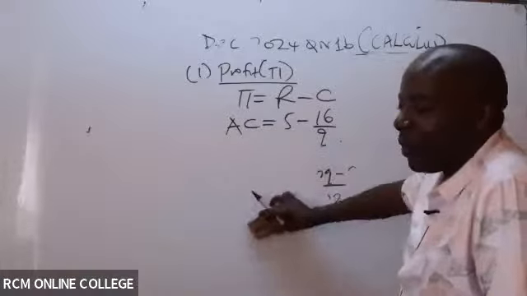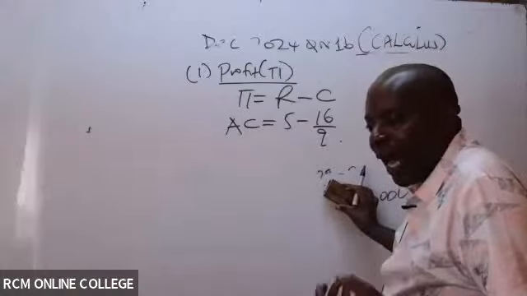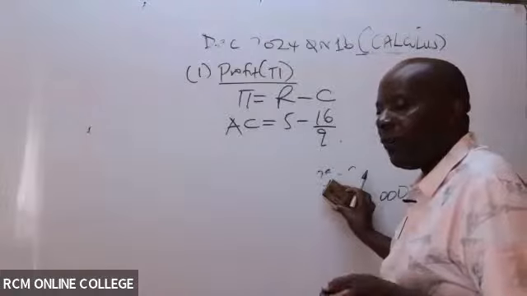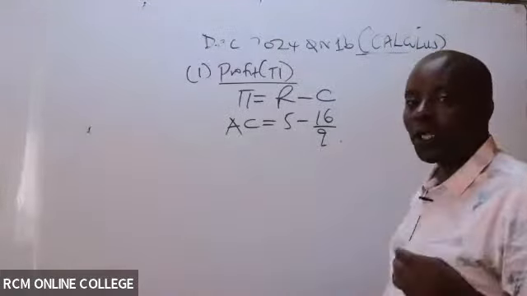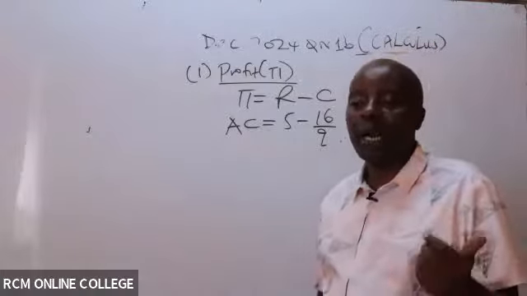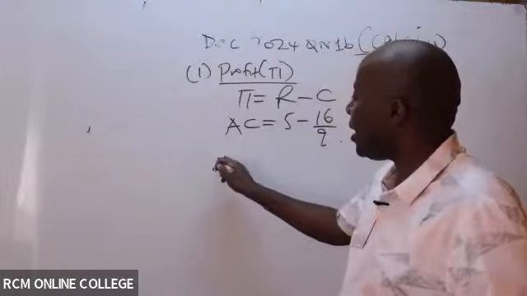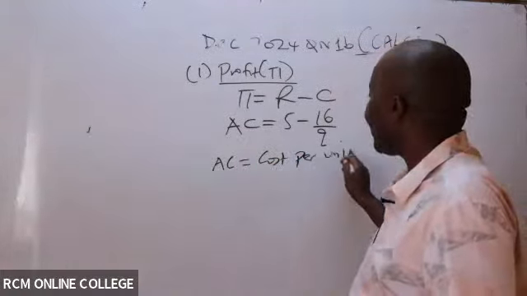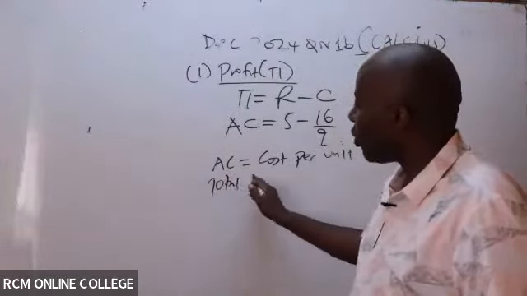Now, ladies and gentlemen, nobody has spoken to me. Whenever I hear anything to do with average, it means per unit. So it could be cost per unit or revenue per unit. So this AC is cost per unit. Then how about total cost?